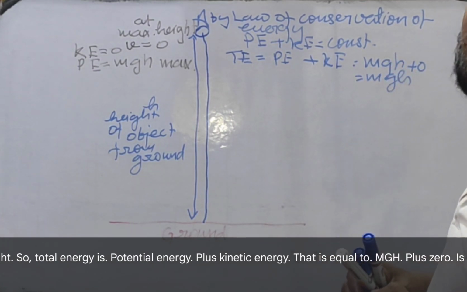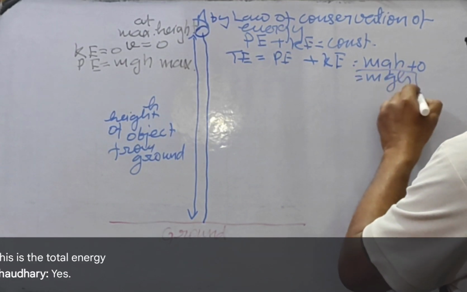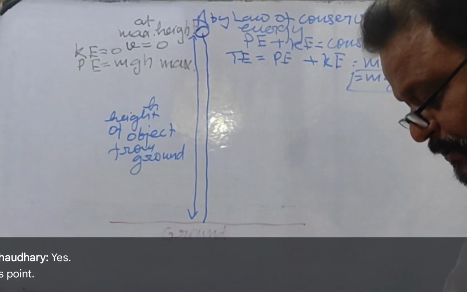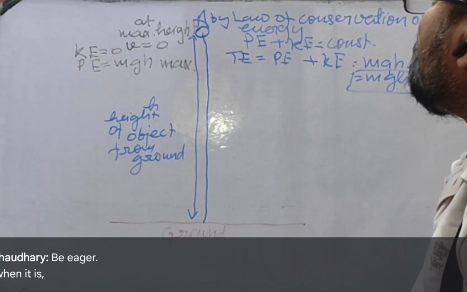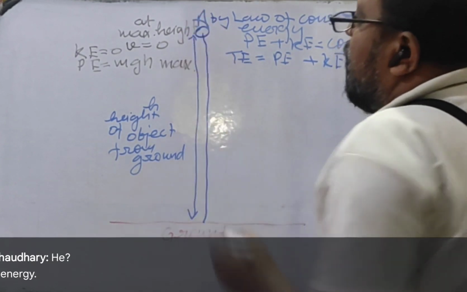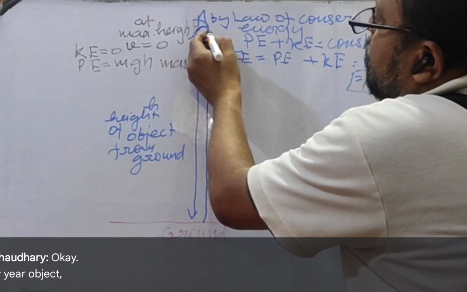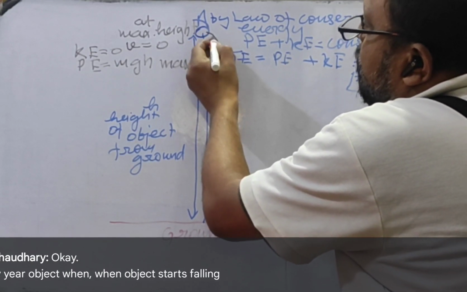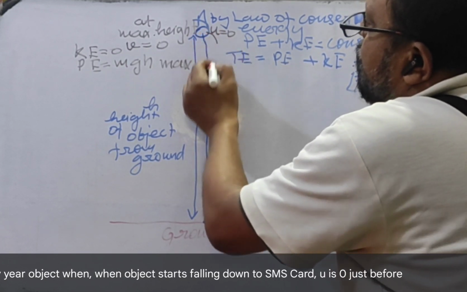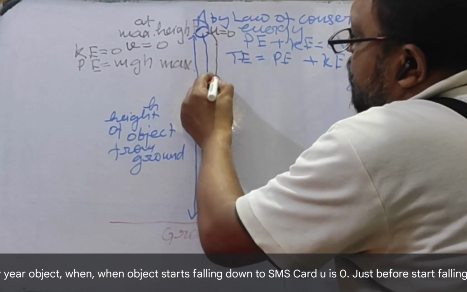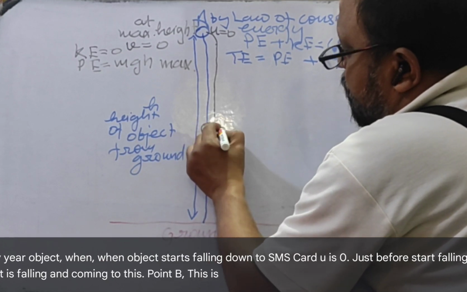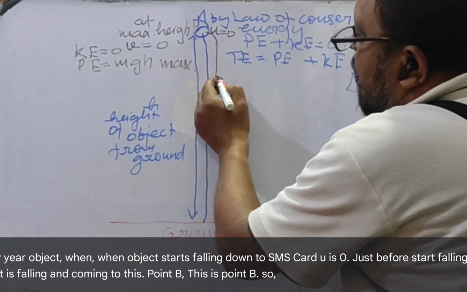This is the total energy at point A. Now when the object starts falling down, just before it starts falling, u is 0, and the object is falling and coming to this point B. This is point B. So it comes down x.